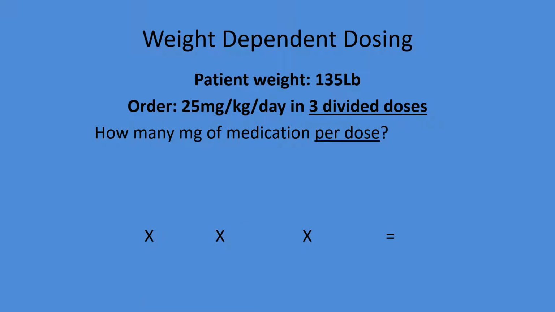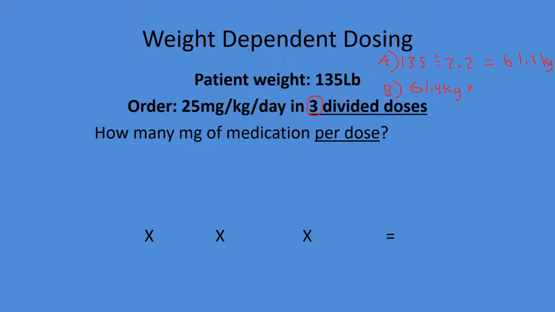All right, in this example, we're not going to give it to them all at once. We're going to divide it in 3 doses. So step A, what's step A? All right, so take 135, divide by 2.2, what do you get? 61.3. Okay, about 61.3, 61.4 is closer. 61.4 kgs.